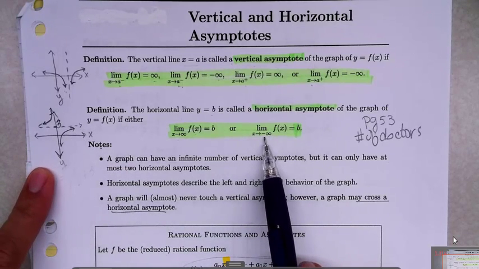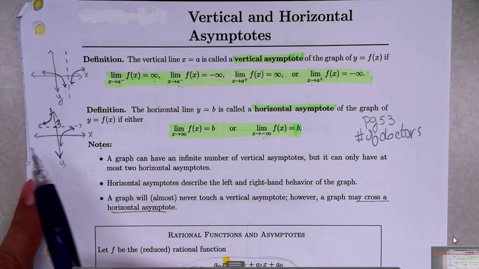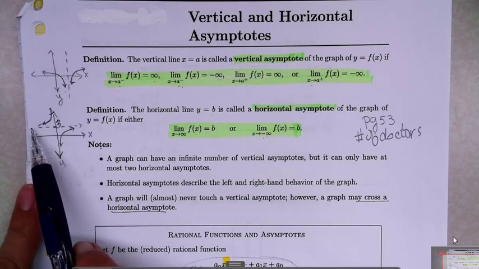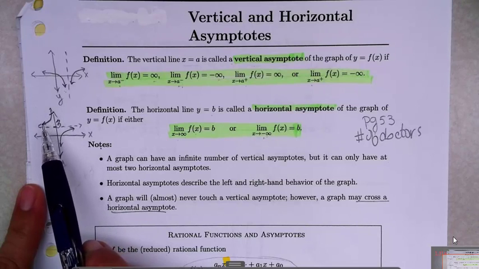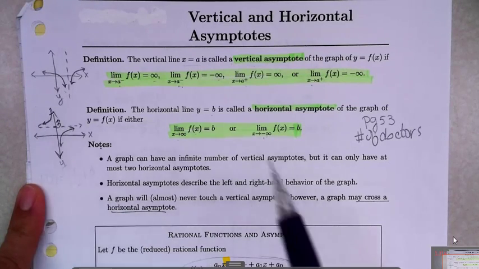Or the other way, as x gets really, really small, meaning going to negative infinity, in this example, I'm also approaching that horizontal asymptote, which I have as 3 here.